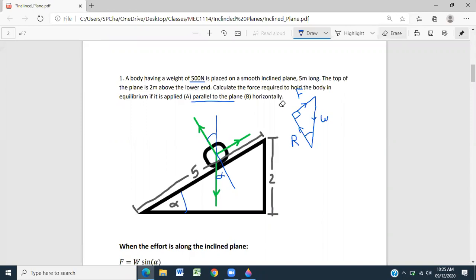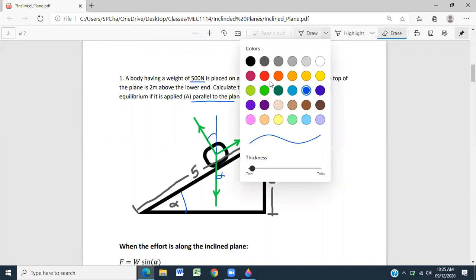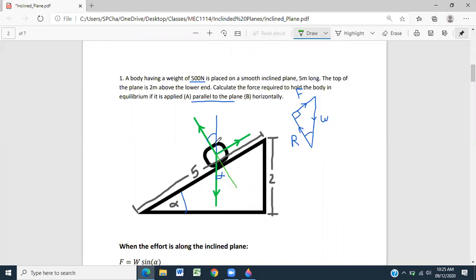Let me write this. Yep, this angle alpha is also this angle alpha, which is this angle alpha. So let me go over that a little bit more in detail.